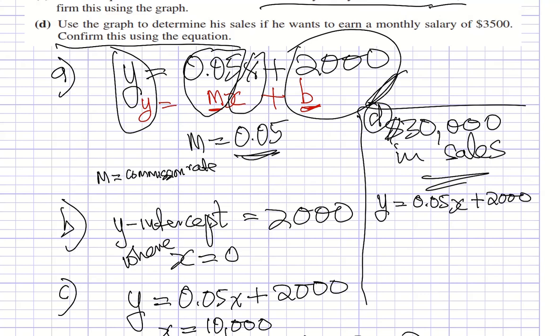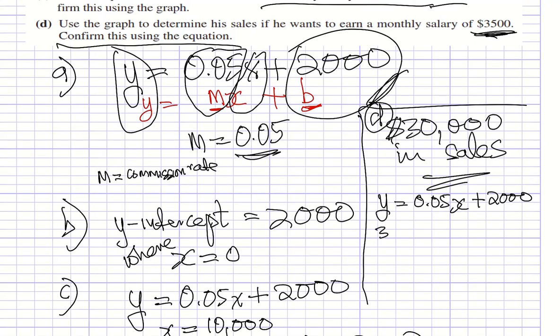Don't forget they gave you a monthly salary, which means y is 3,500. So 3,500 equals 0.05x plus 2,000. You solve for x.